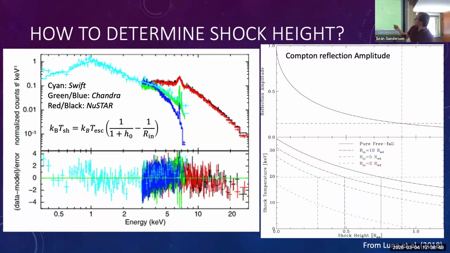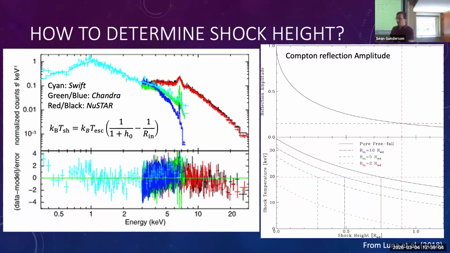And from the Compton reflection, they got something like 0.9 white dwarf radii. But from the shock temperature measurement, they got anything from 0.3 to 0.75.